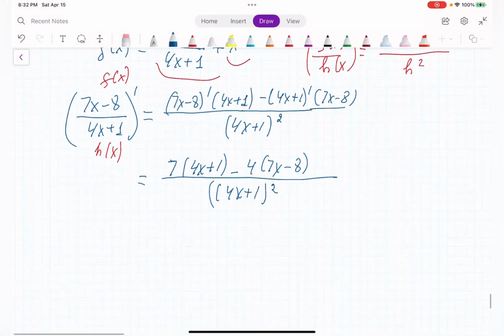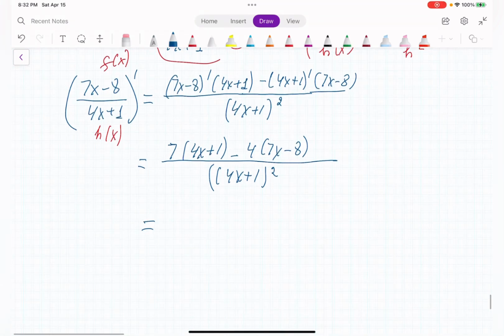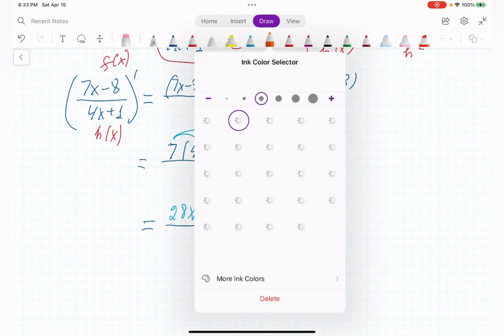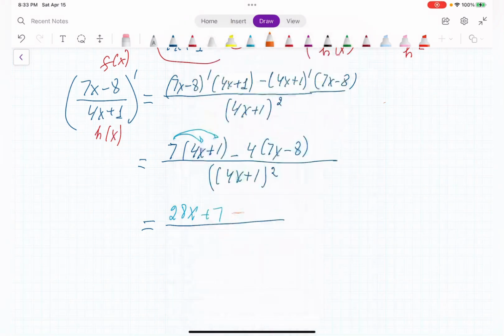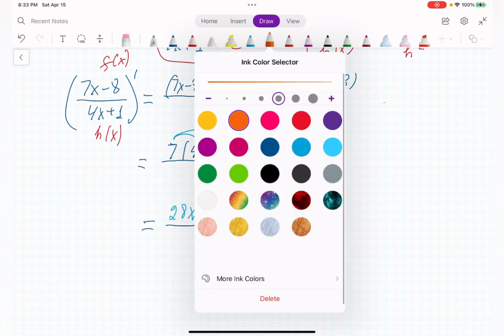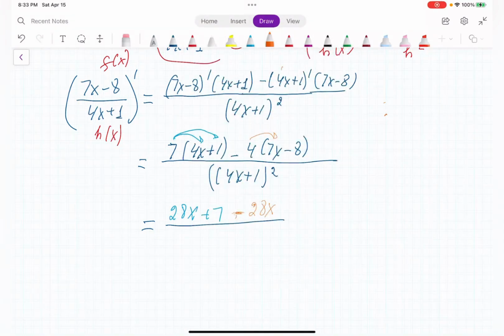Let's open parentheses: 7 times 4x is 28x plus 7, and then minus 4 times 7x, which is 28x.